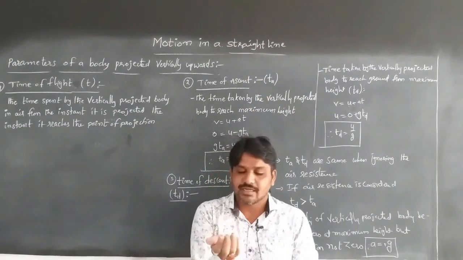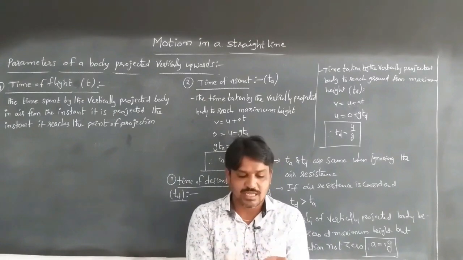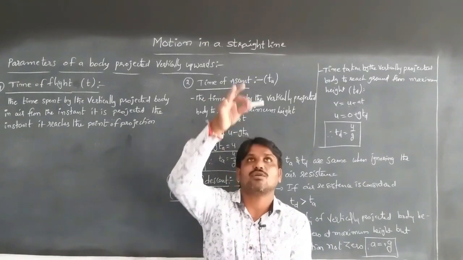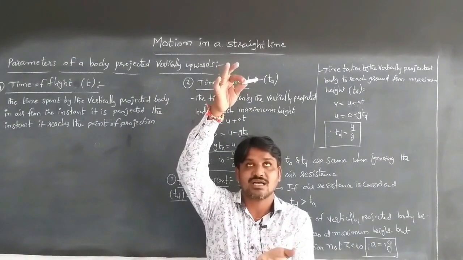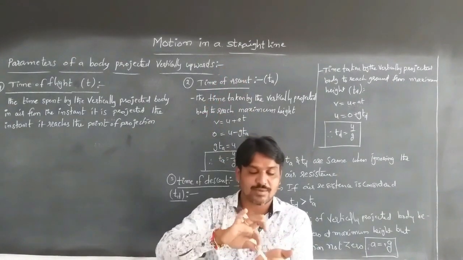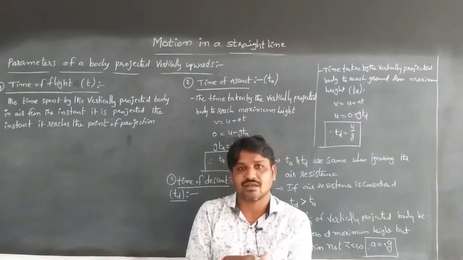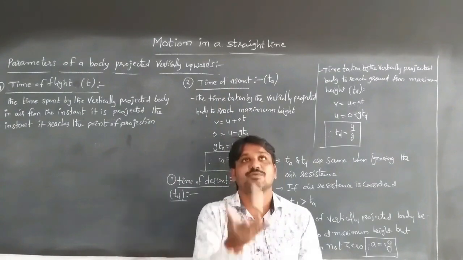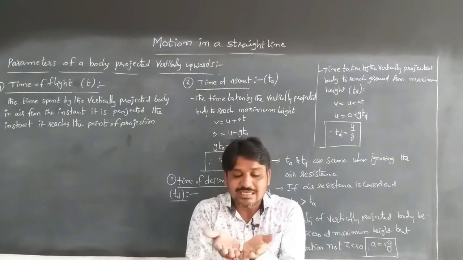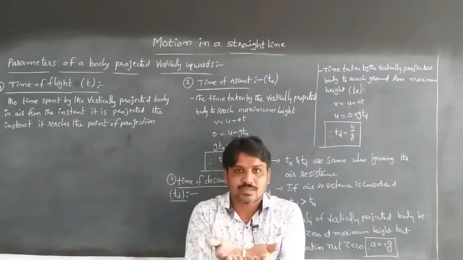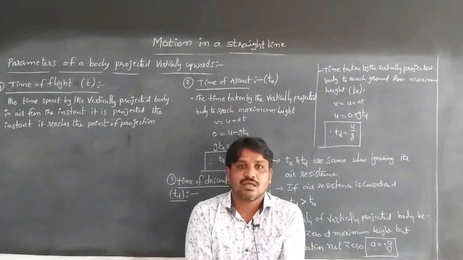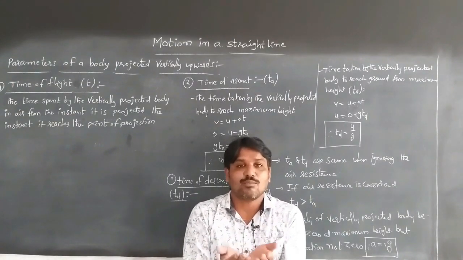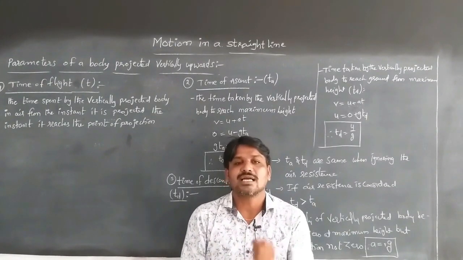The body is projected vertically upwards from the point of projection, and the time spent in the air until it returns to the same point is the time of flight.